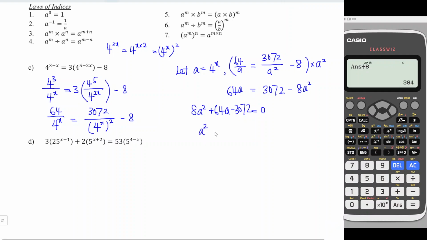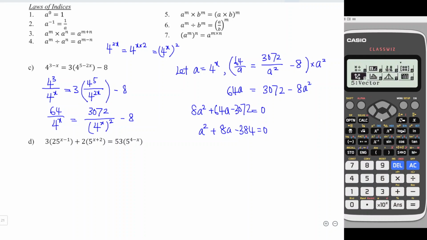So a squared plus 8a minus 384 is equal to 0. Even if we did not reduce, it also doesn't matter, because our intention is to obtain the value of a instead of simplifying the equation.